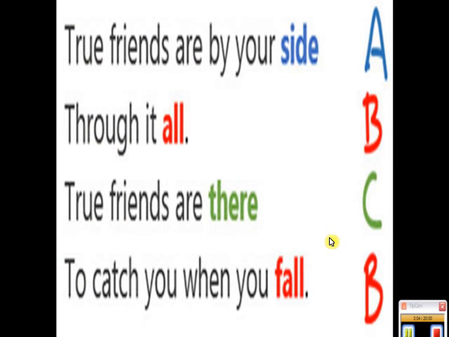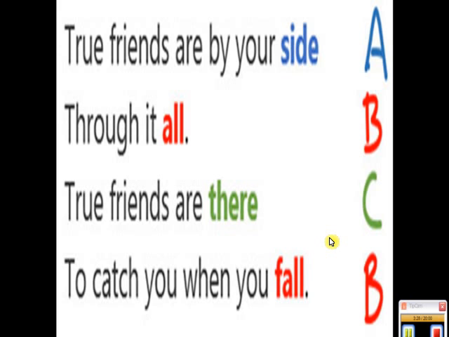And fourth line is, to catch you when you fall. In getting the rhyme scheme, you just have to focus on the last word of each line. For example, you have here the word side. Automatically, the first line is assigned to capital letter A.